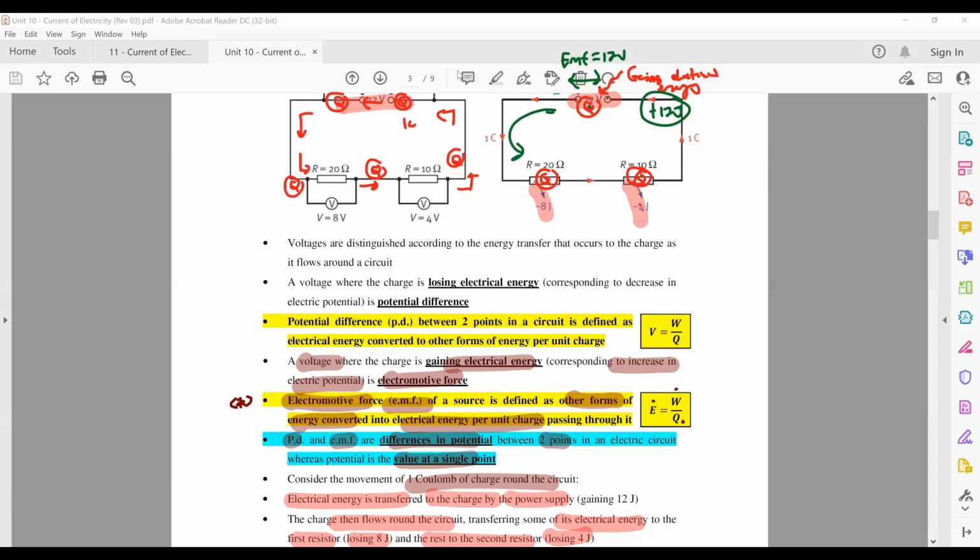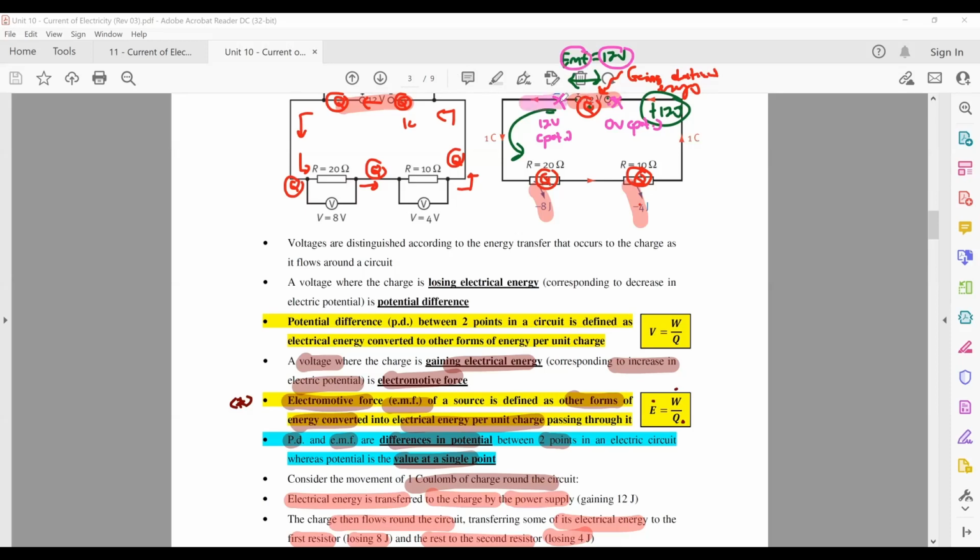If I look at the value of potential, this point could have 0 volt potential, whereas this point here could have 12 volts potential. It's the difference in these 2 points that gives me 12 volts. Because between these 2 points my charge gains electrical energy, corresponding to an increase in electrical potential, that is why we call it EMF.